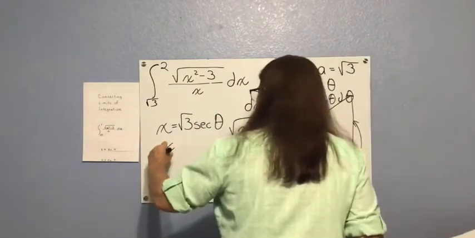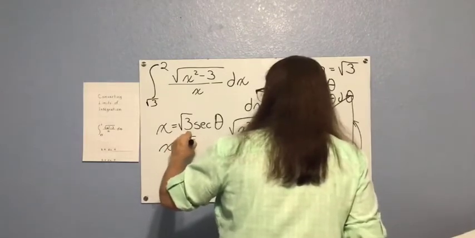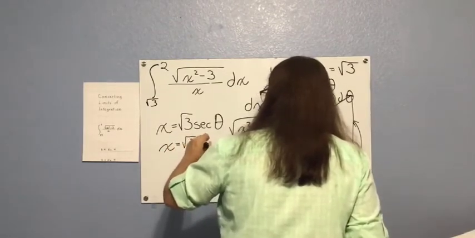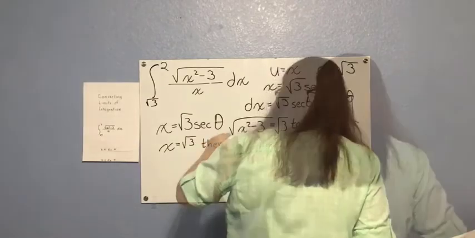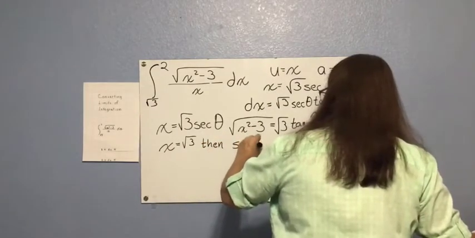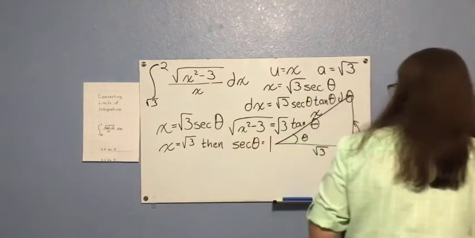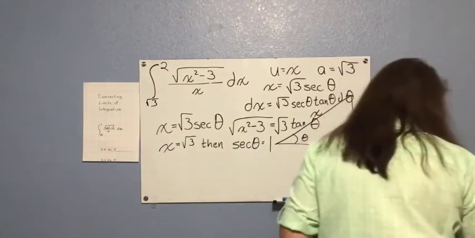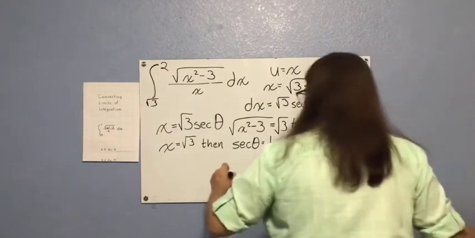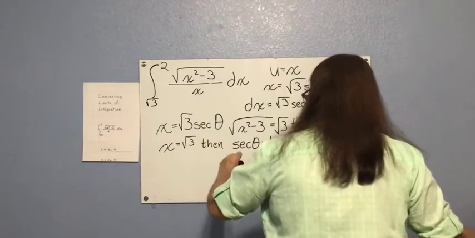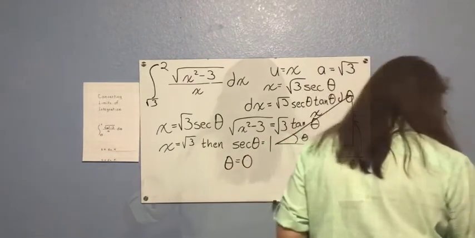Okay, and when x equals the square root of 3, then secant theta equals 1, and theta itself is 0.